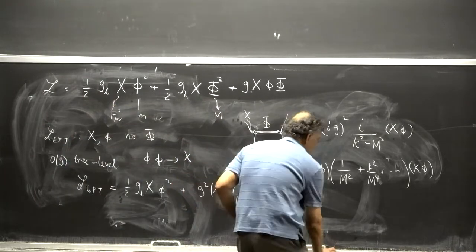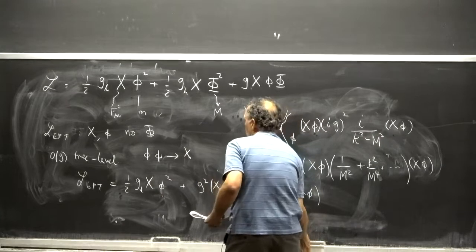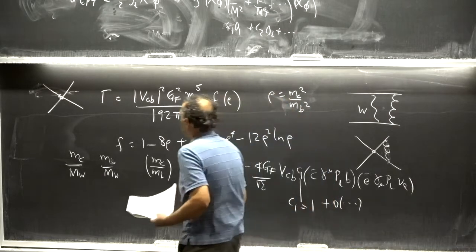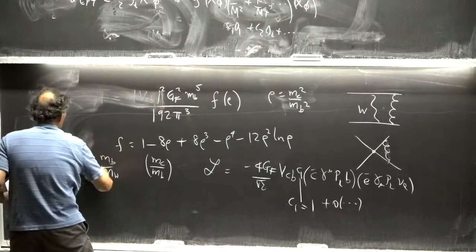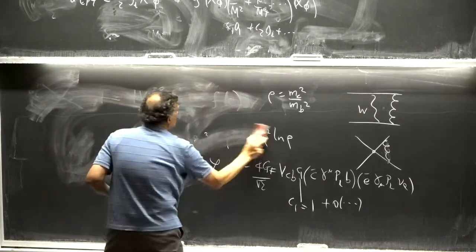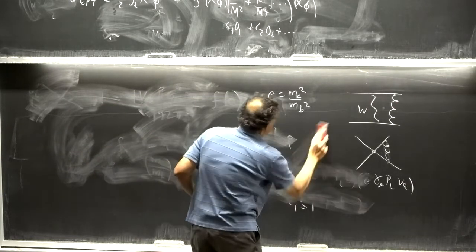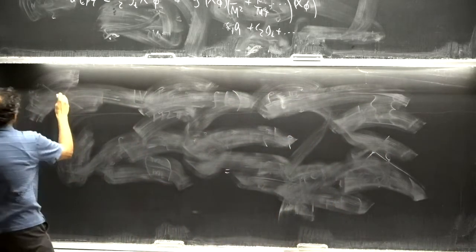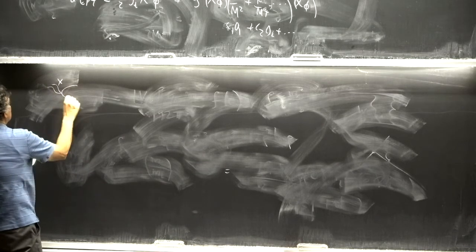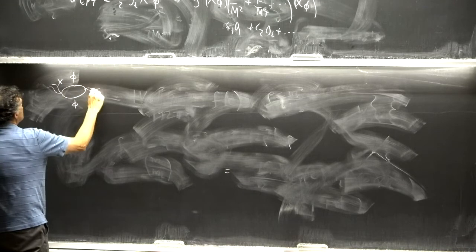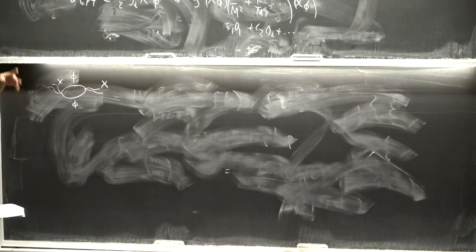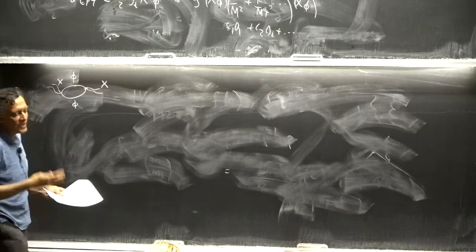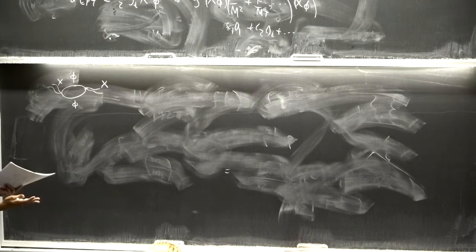Okay, but the non-trivial thing happens at one loop. So let's look at what happens at loop level. So you can have loops where there are 2 x's and there are 2 light phi's in the full theory. We don't need to worry about it because we already have this vertex in the EFT. So exactly the same diagram is there in the EFT as well.